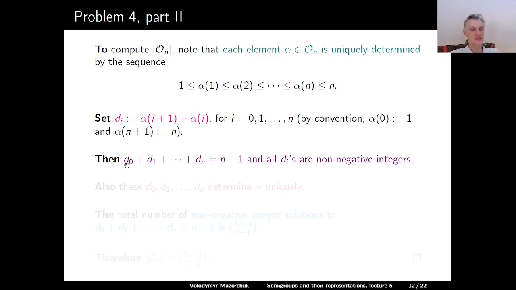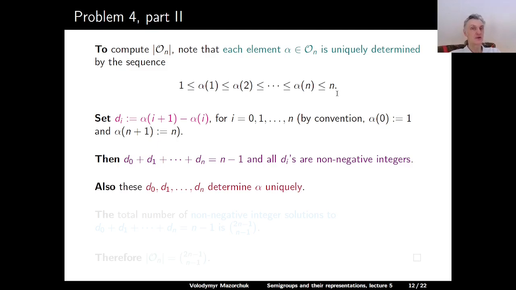And then, of course, if we add all the differences, d0 plus d1 and so on plus dn, we get exactly the difference between n and 1, so n minus 1. And of course, by definition, all di's are non-negative integers, because the sequence here is weakly increasing. And of course, d0, d1, and so on, dn determine alpha uniquely.